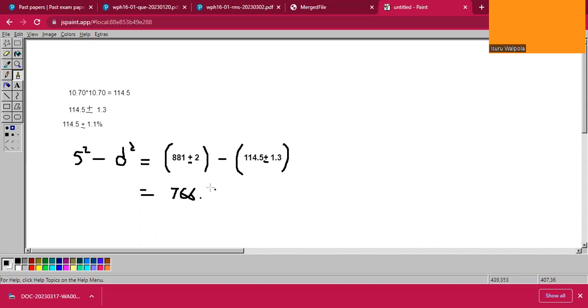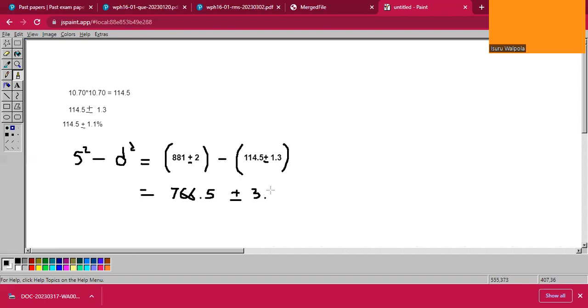There's that pi by 4 guy, we want to do our final rounding after accounting for that anyway. Plus or minus. Now for the uncertainty, what do we do? For addition or subtraction, we take the uncertainties and add them together, giving 3.3.